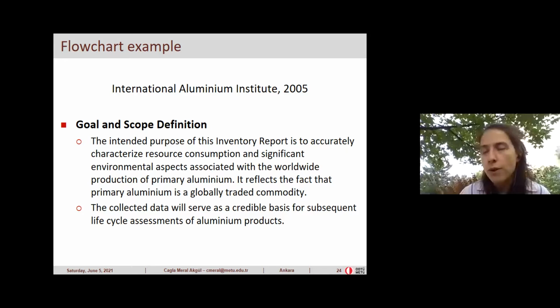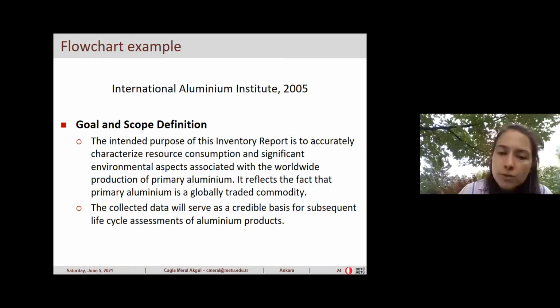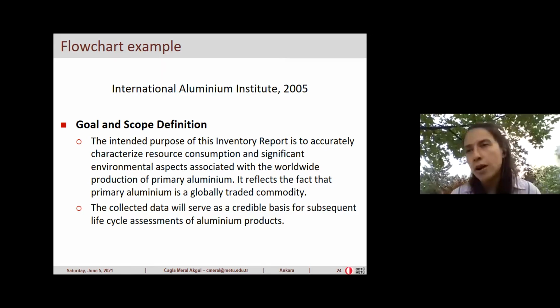It reflects the fact that primary aluminum is a globally traded commodity. So basically we take the whole world and we are looking for resource consumption and significant environmental aspects with production of primary aluminum. The collected data will serve as a credible basis for subsequent life cycle assessments of aluminum products.